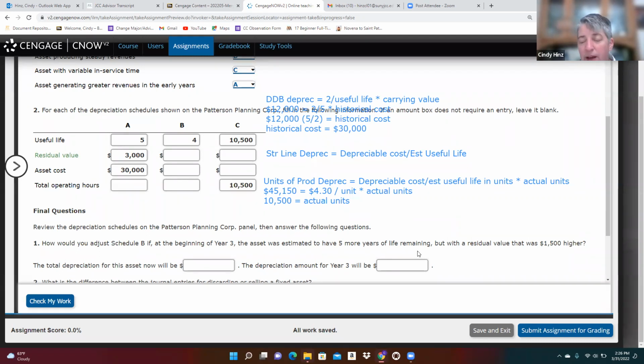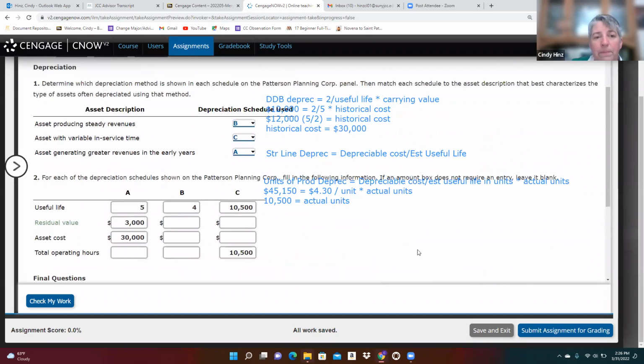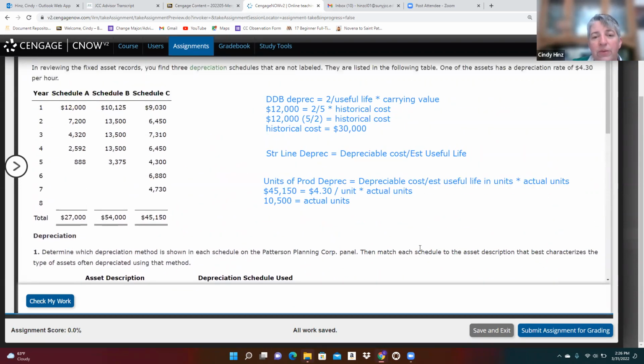But the residual value was $1,500 higher. So if the residual value is $1,500 higher, that means the depreciable cost would be $1,500 lower.